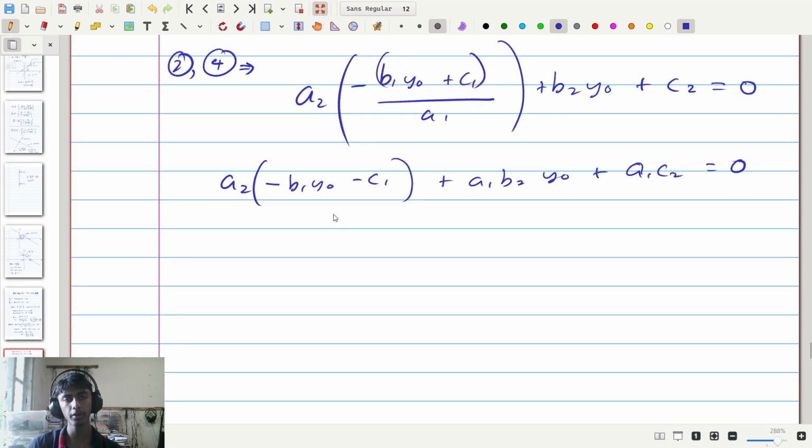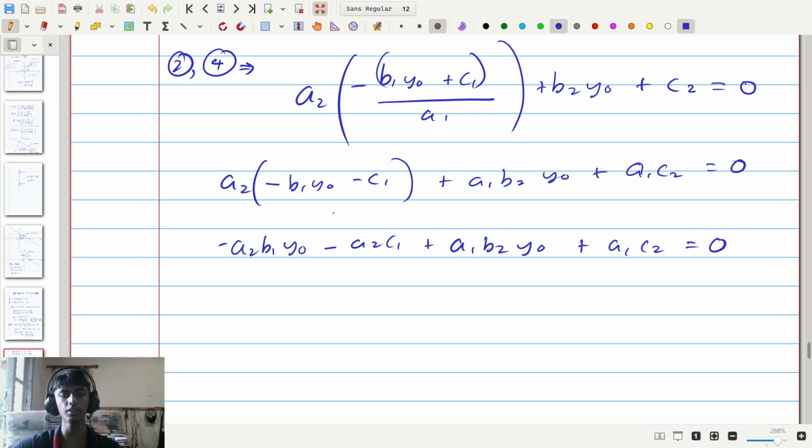Now what we're going to do is expand this thing outward and try to isolate y0. So here we can see from this thing, we have negative a2 b1 times y0, and then we have minus a2 c1, plus a1 b2 y0 and plus a1 c2, all equal to 0.